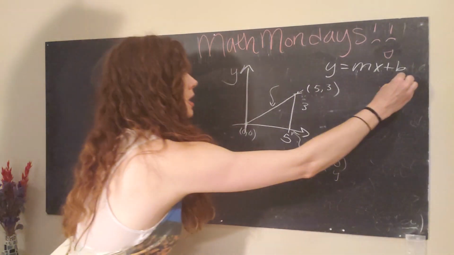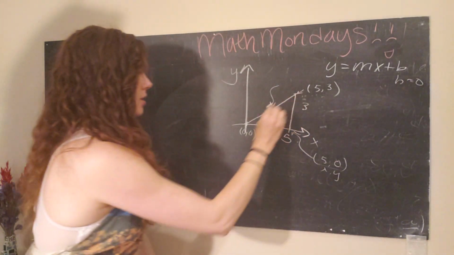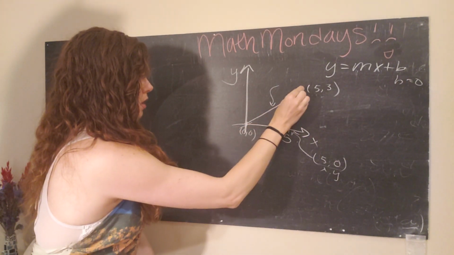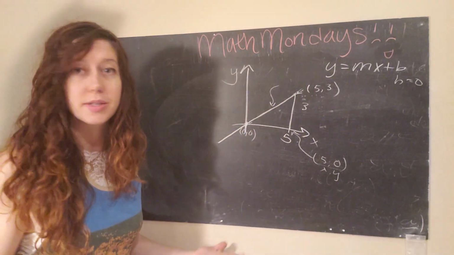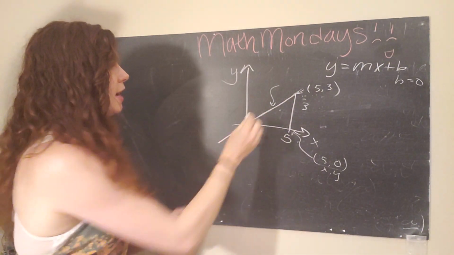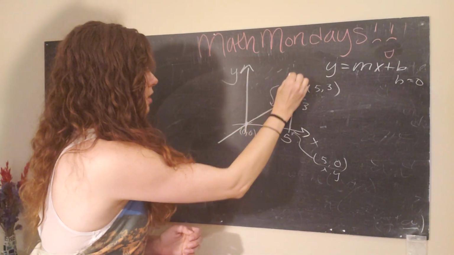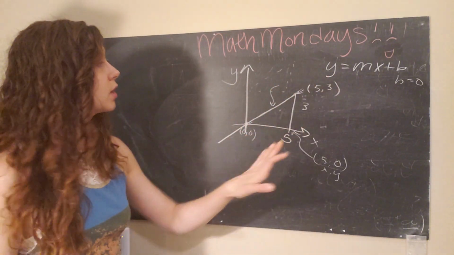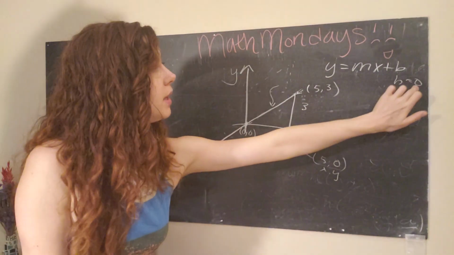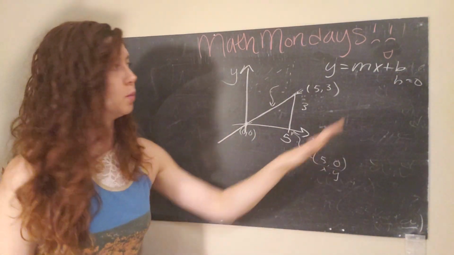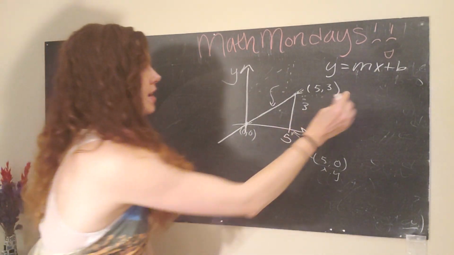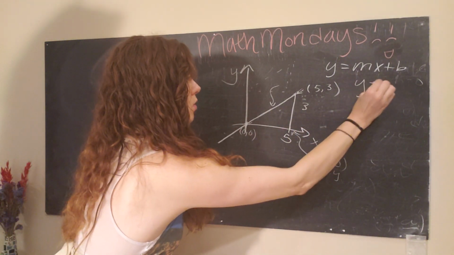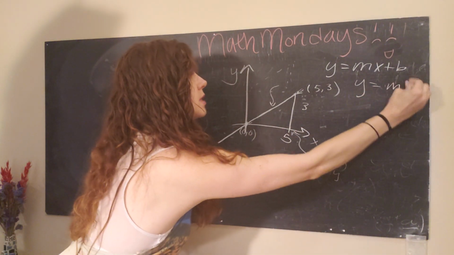So in this case, b is 0 because our line goes through 0, 0. Cool. If our triangle was situated up here, then we could do the exact same thing, but b would be a different value. We'll keep it simple for now and say y just equals m times x.